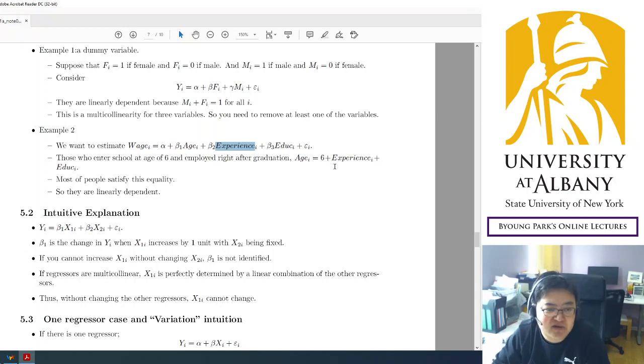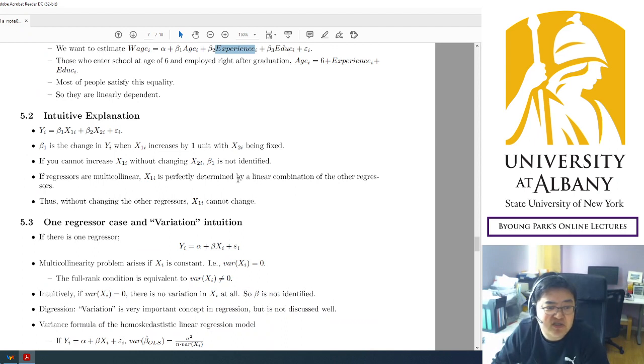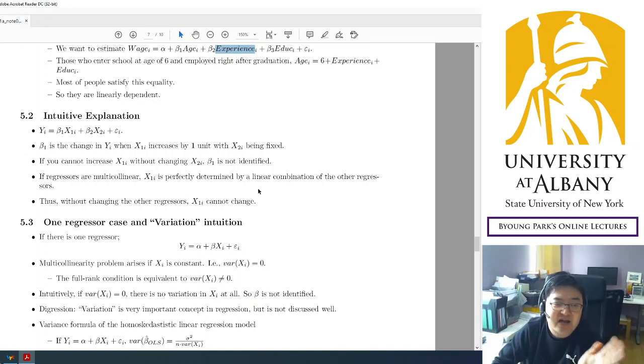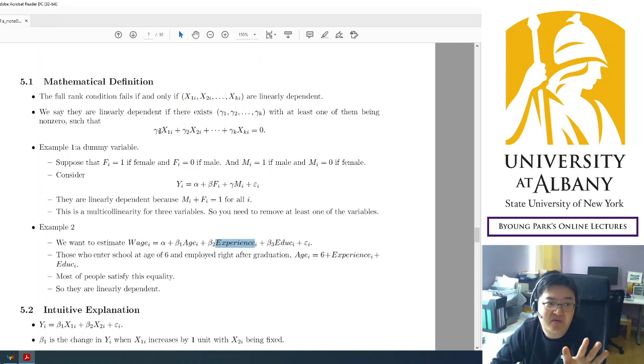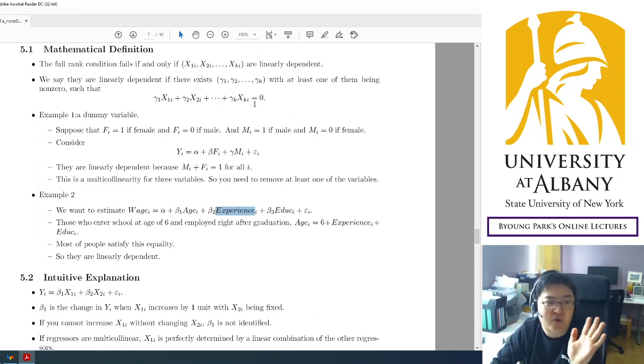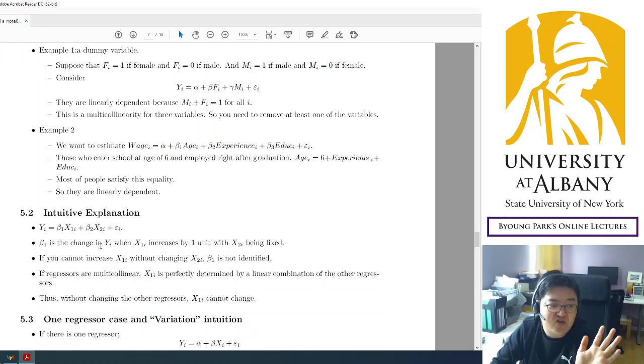Also there are practical problems. The intuition here is you want to change one without changing the other, which is not possible when those two variables are multicollinear. They are exactly the same thing. If independent variables are multicollinear, then you cannot do this kind of variation.